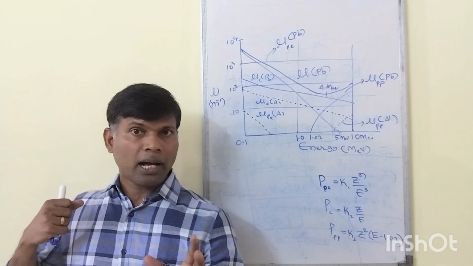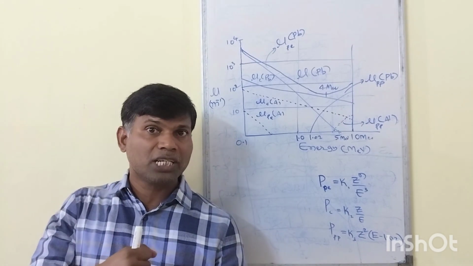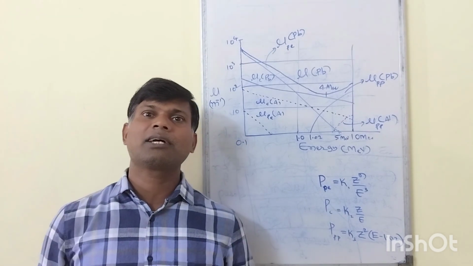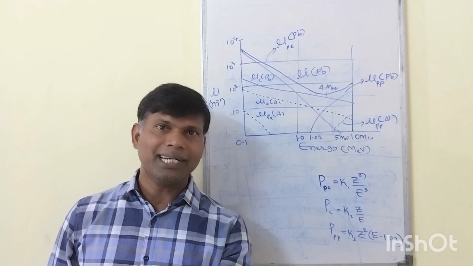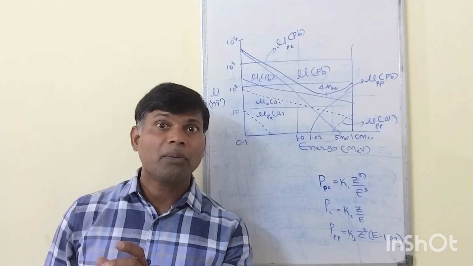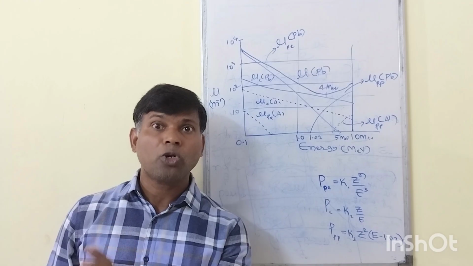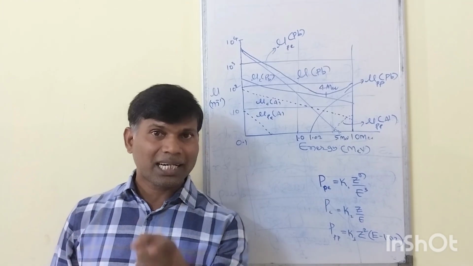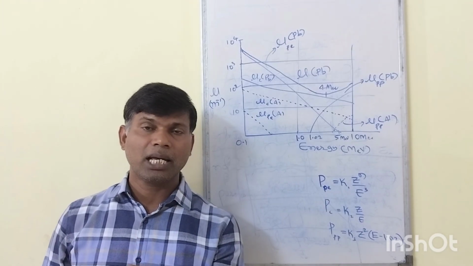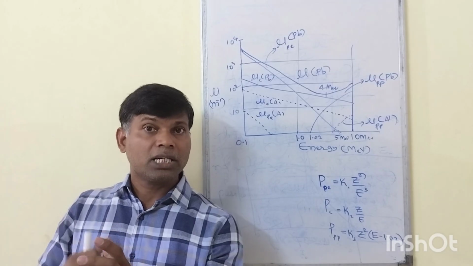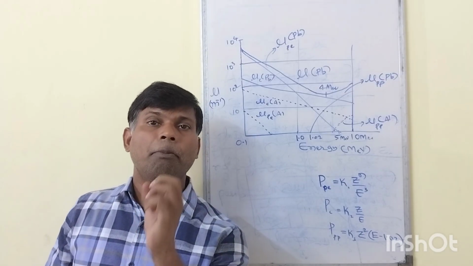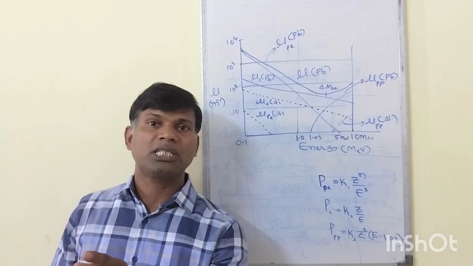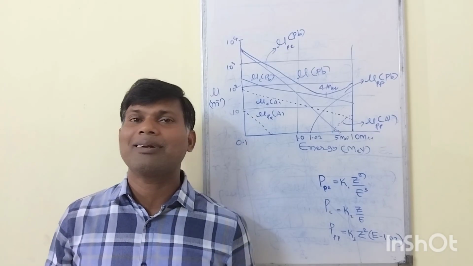So the gamma ray photon has to see the high electric field. You see aluminium and lead: the lead atomic number is more, the number of protons is more, so more electric field it will see. When the gamma ray photon sees more electric field, it will become pair production, electron and positron.